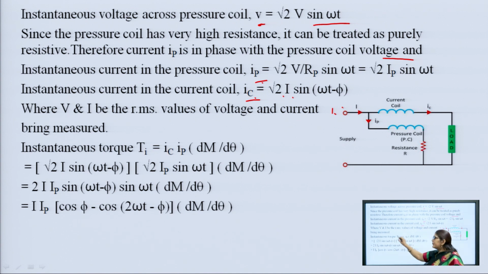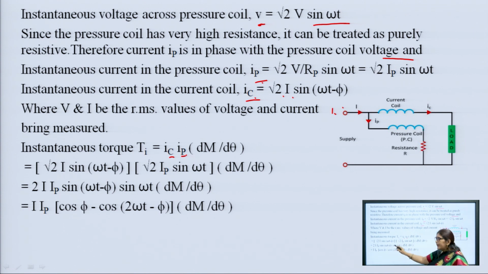Now, the instantaneous torque Ti is IC into IP dM by d theta. Now, we have to substitute the values of IC and IP in this from here. So, it is root 2 I sin omega t minus phi, root 2 IP sin omega t, dM by d theta.